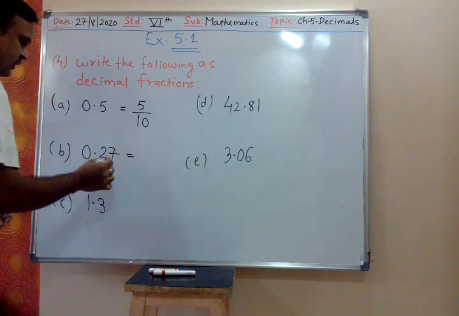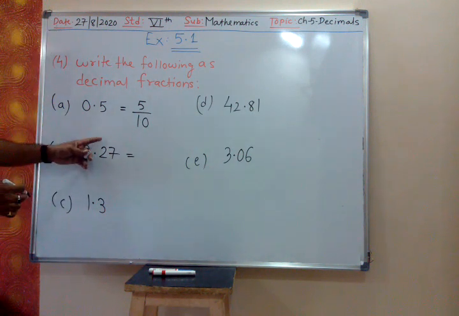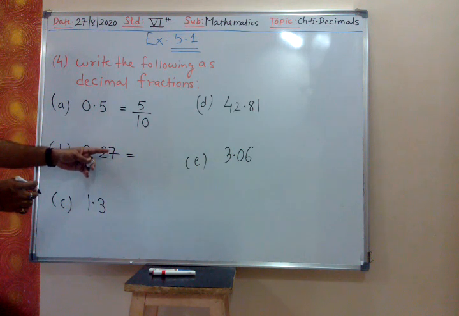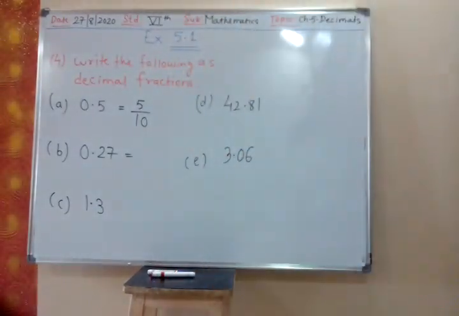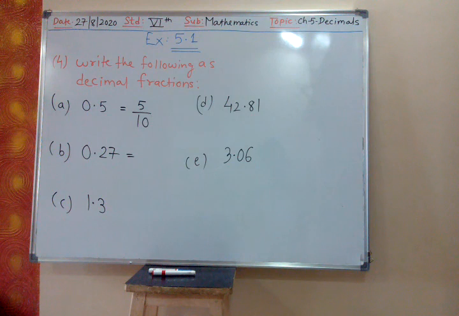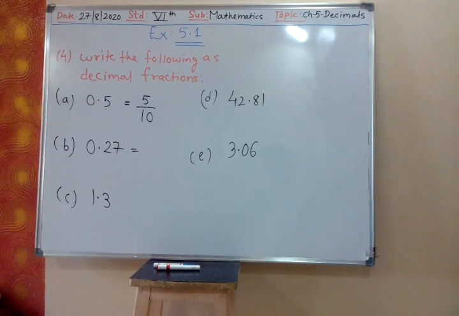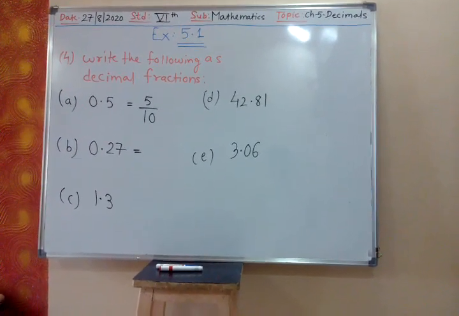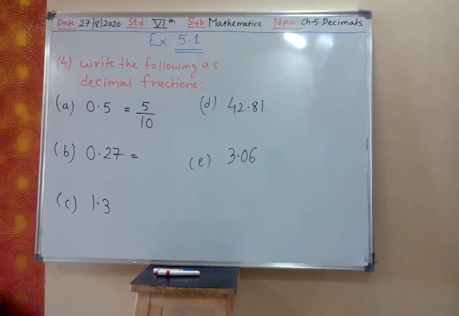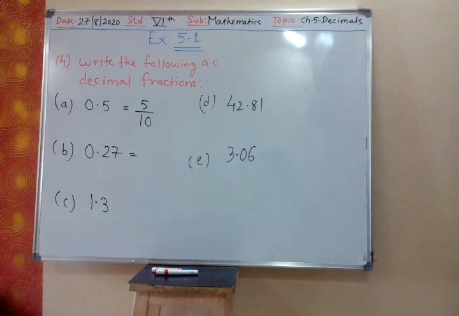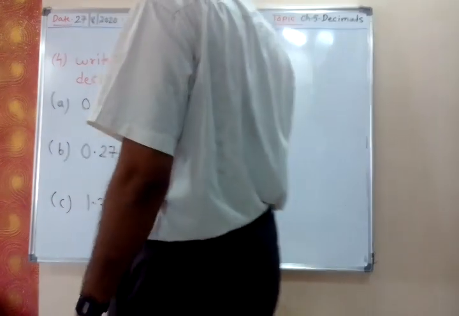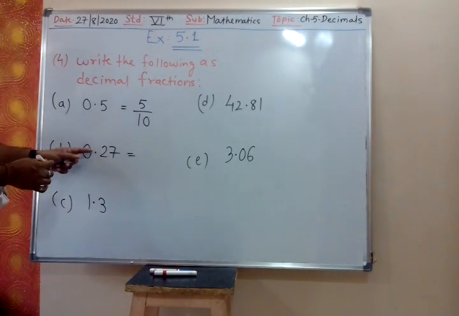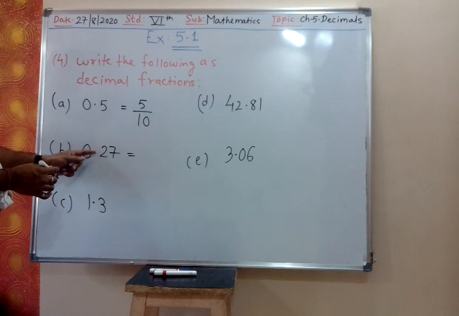0.27. After decimal there are two digits.